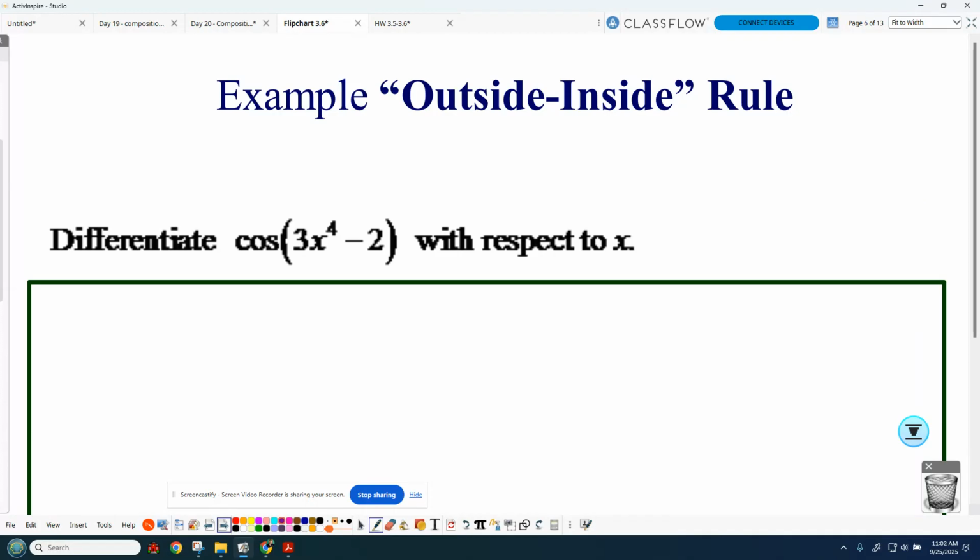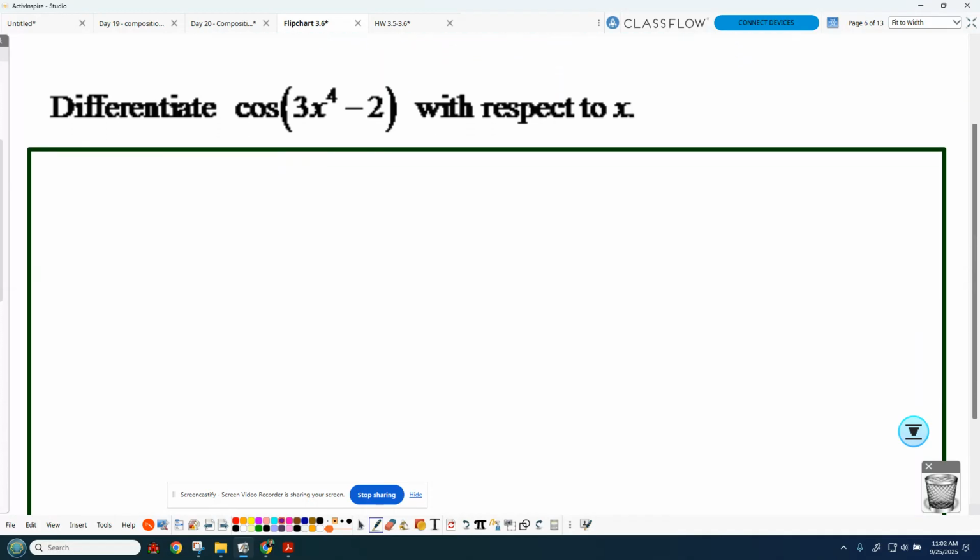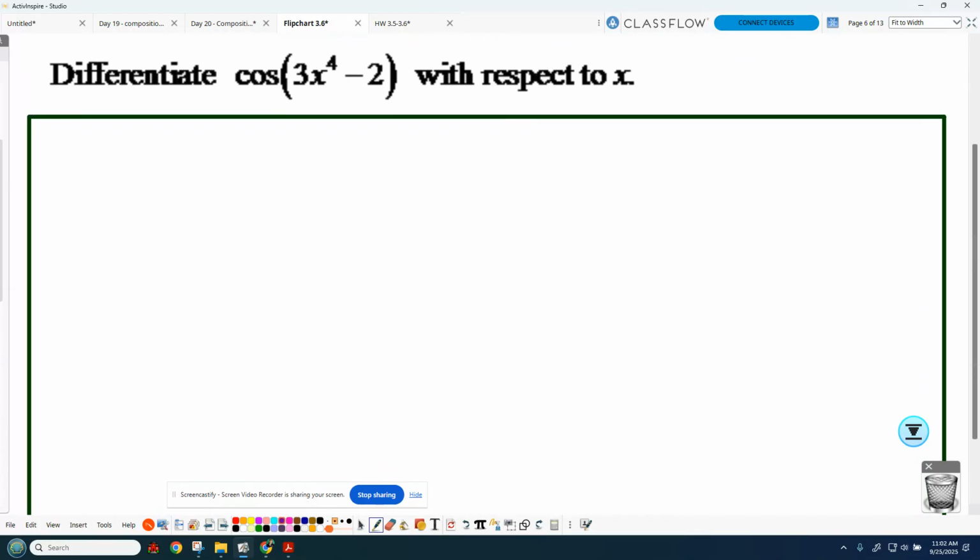So, before we start, what is the outside function? Cosine. And the inside function? Raised to the 4th minus 2. There we go.